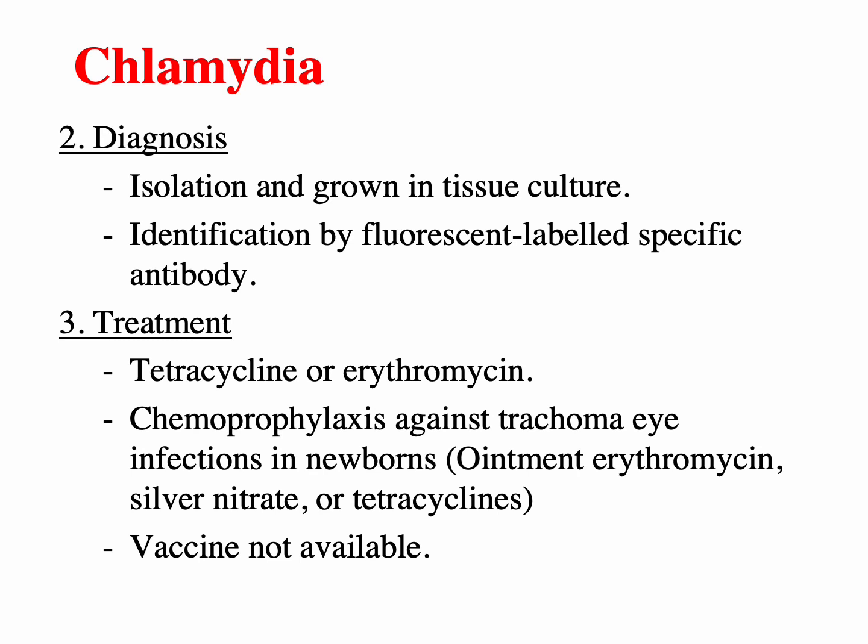Diagnosis: basically you isolate this and grow it in tissue culture, and identify it by specific antibodies. Treatment: tetracycline or erythromycin. You cannot use penicillin. Why is that? Because penicillin cannot penetrate the host cell. Remember the life cycle of this organism, which lives within our body cells.